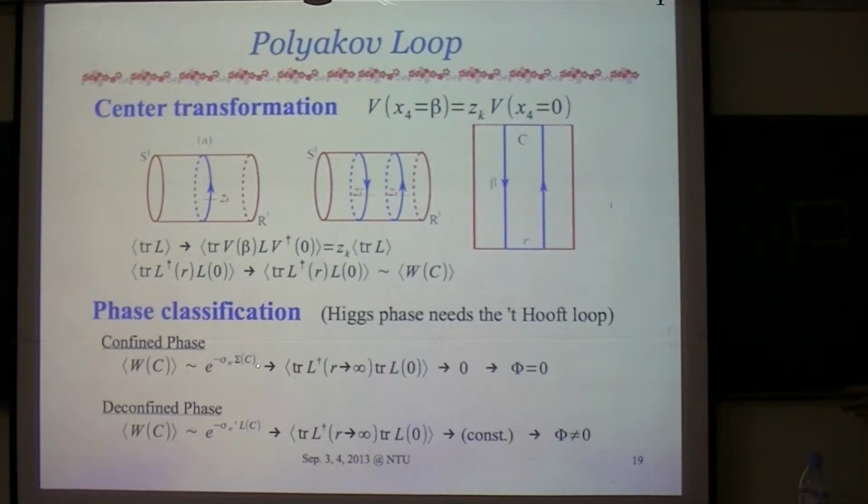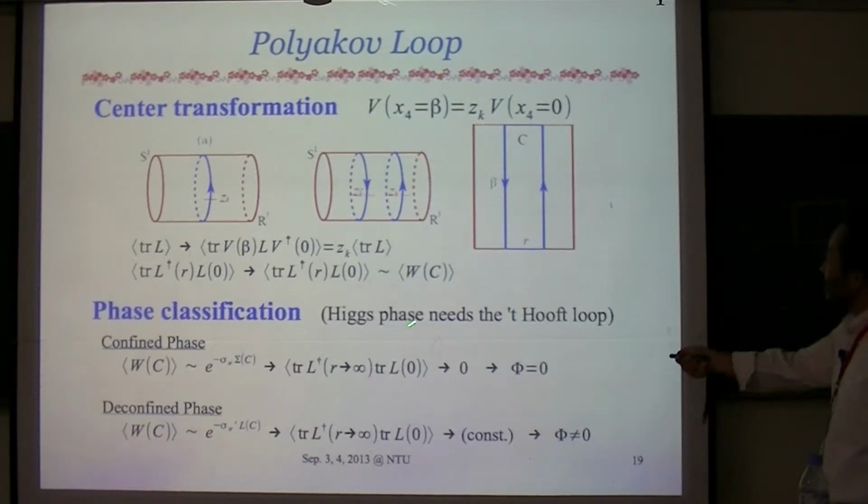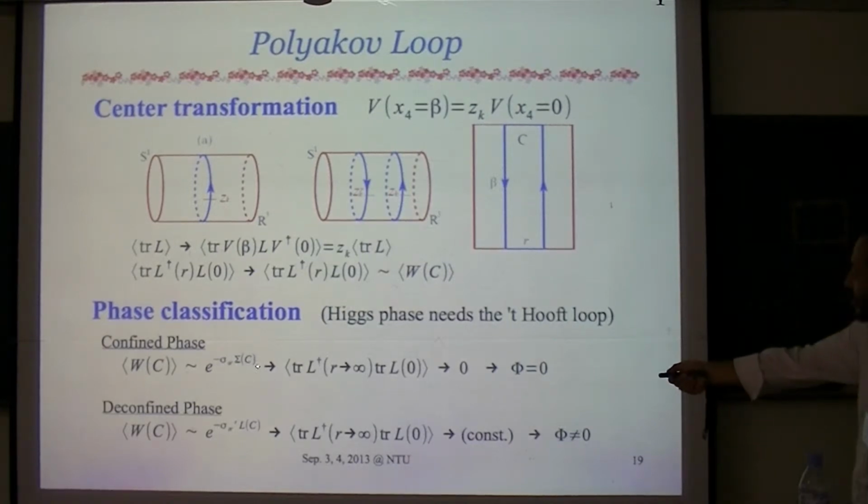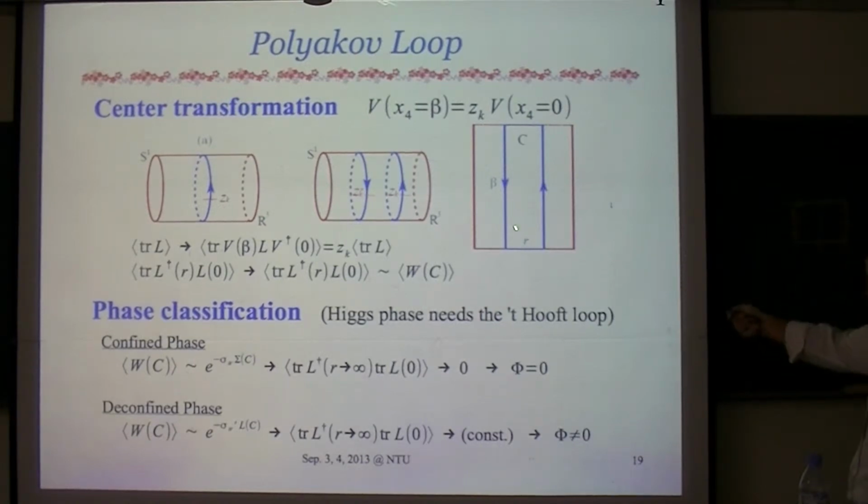And so this exponent is proportional to this area, with some coefficient that is the string tension. If R is infinitely large, then naturally this correlation function must go to 0, because this area is simply R times beta.